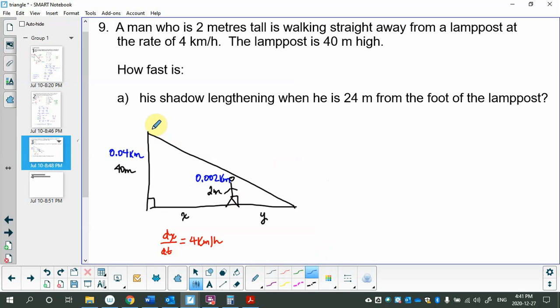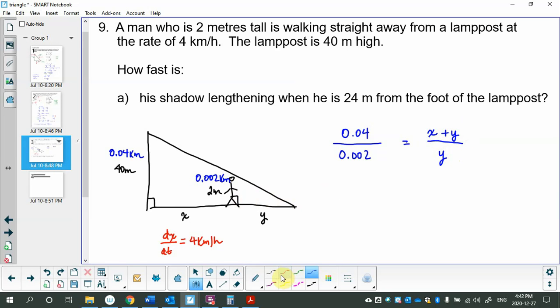That means if I compare the up and down on this triangle, and by compare I mean fractions, to the up and down on the smaller triangle, then I will have to compare this on the bigger triangle, which is a combination of x plus y, with this on the little triangle.